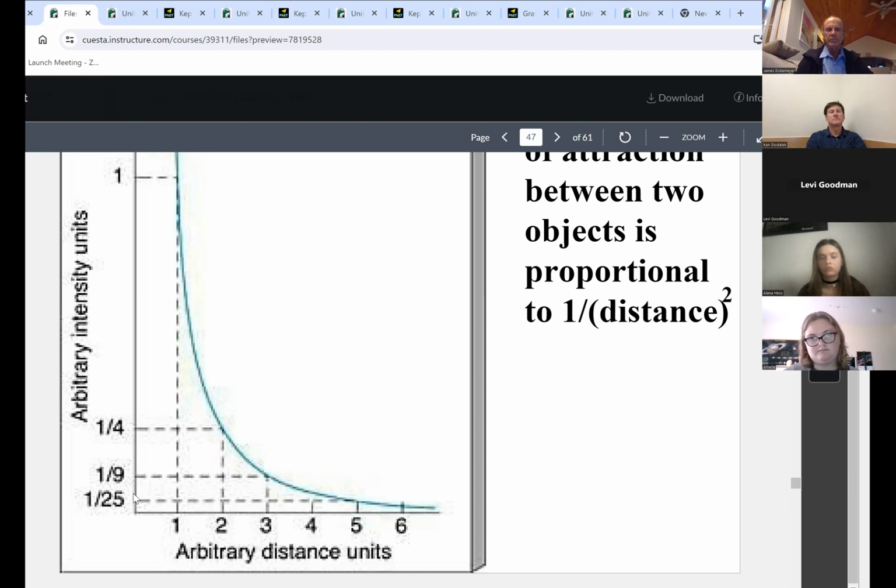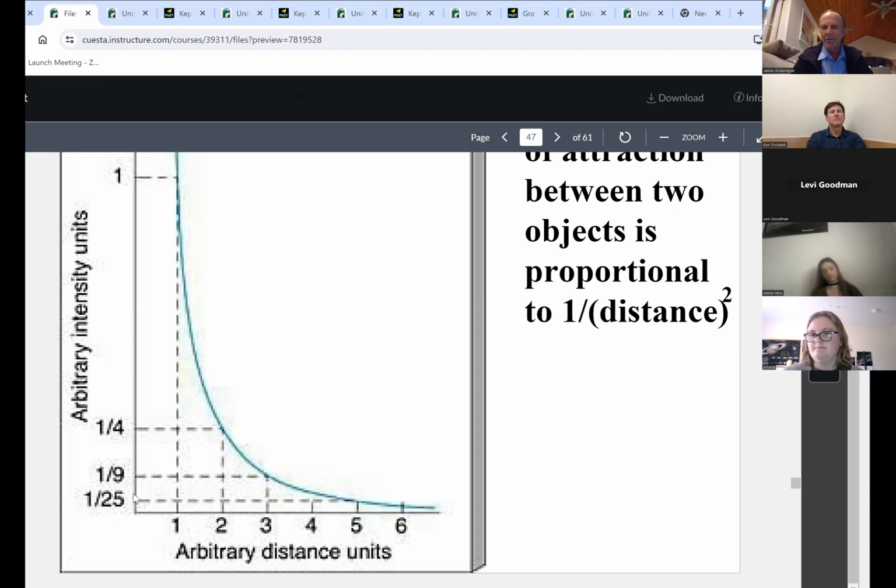So if you were to, let's say, climb a ladder that was the radius of the Earth away from the Earth, so that you could get twice as far away from the center of the Earth, your weight would only be 1/4 as much. So let's say you weighed 160 pounds on the Earth, and then you climbed up a ladder that was the radius of the Earth, 4,000 miles high.